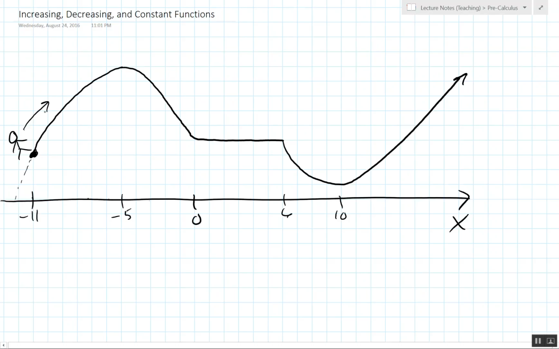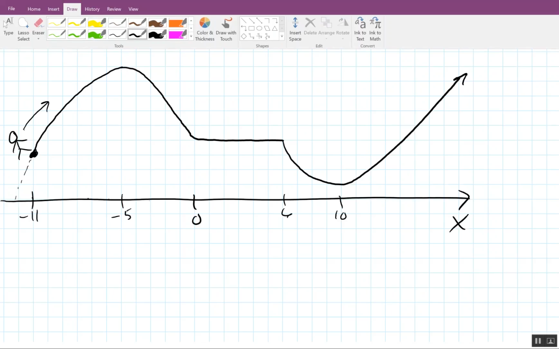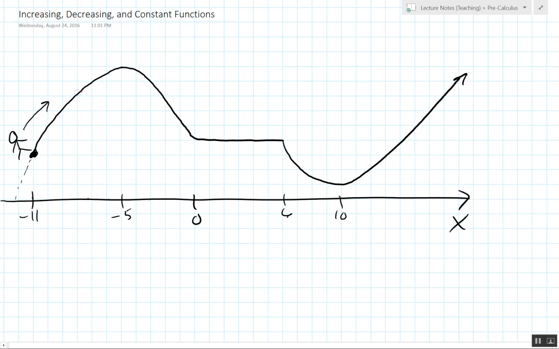The other thing we have to draw, and I'll draw it in a different color, is the y-axis, which I left off initially because we want to think of this more as the person walking over terrain. So maybe there's some town or house over here that the person is trying to get to.